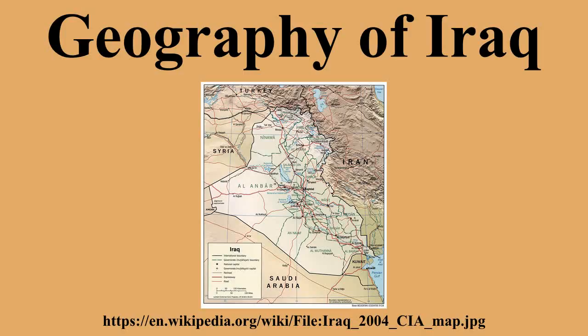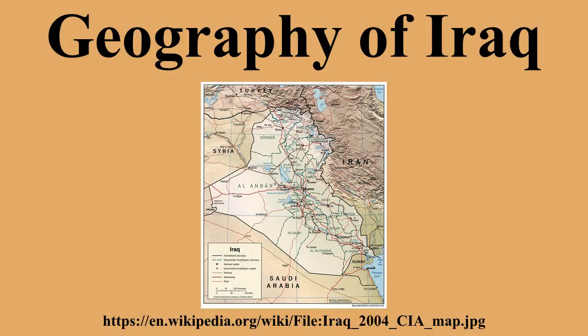Border countries: Iran 1,599 kilometers, Saudi Arabia 811 kilometers, Syria 599 kilometers, Turkey 367 kilometers, Kuwait 254 kilometers, Jordan 179 kilometers. Coastline: 58 kilometers.